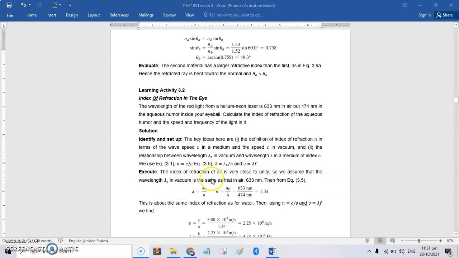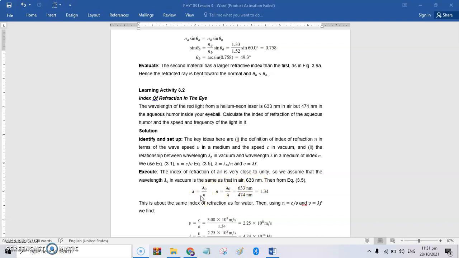Now, the index of refraction of air is very close to unity, so we assume that the wavelength in vacuum is the same as that in the air, 633 nanometers. Bakit yun?